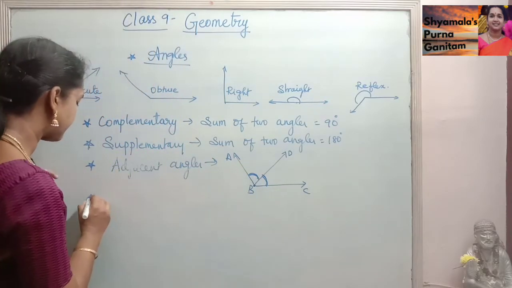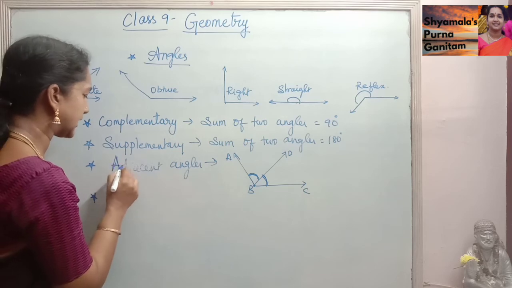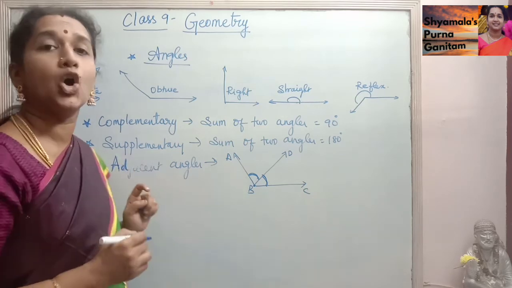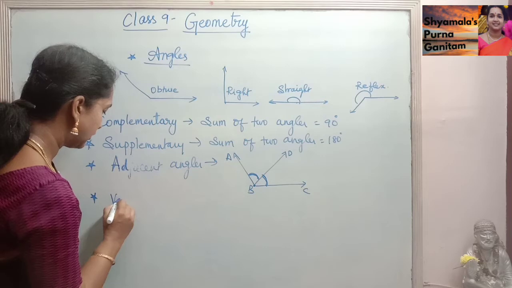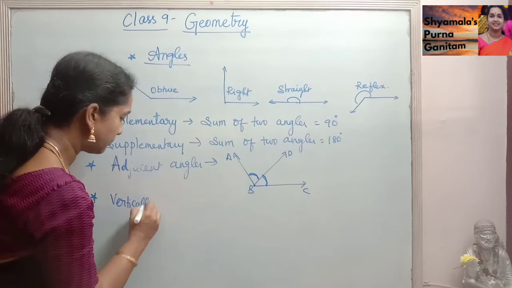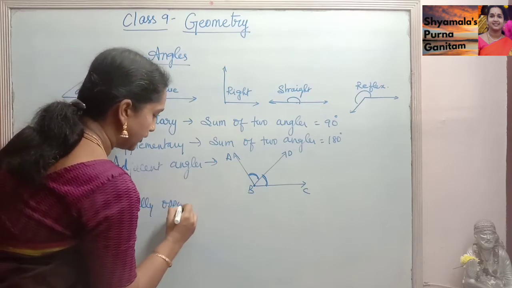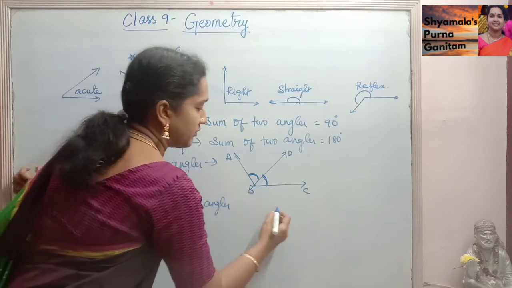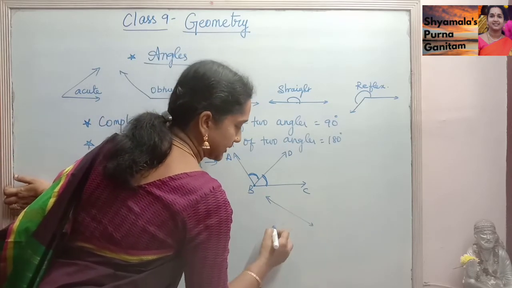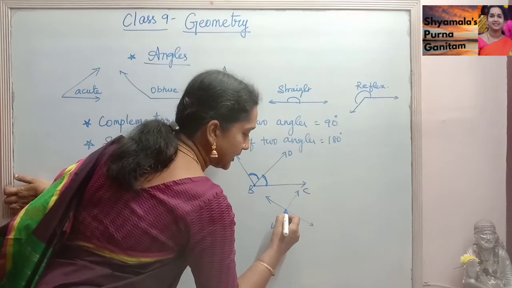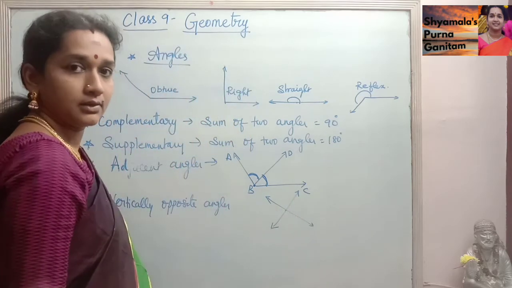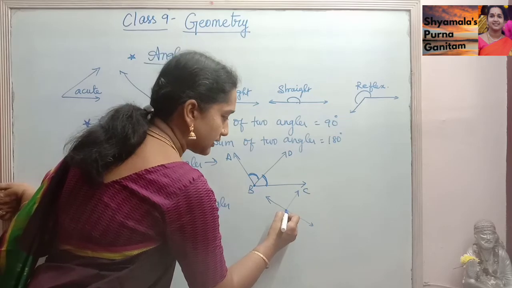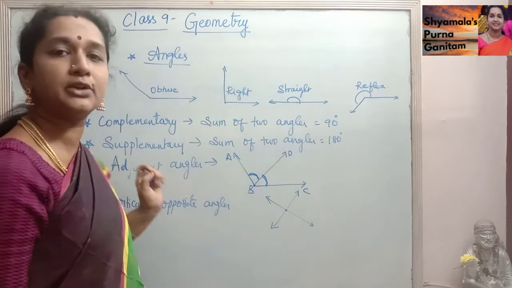After adjacent angles, we get vertically opposite angles. When we take any two lines, if they intersect each other at a point, the point where they meet is called the point of intersection.